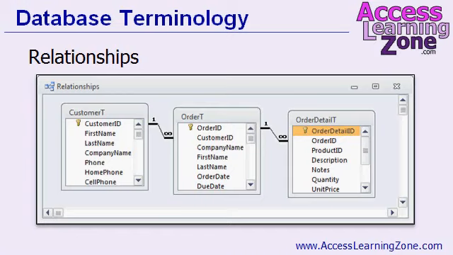For example, if you're keeping track of customers and their orders, you can store all of your customer details in one place and all of their order information in another place. Access can then relate the two together, so you don't need lots of redundant information in your database, such as having to copy all of your customer details onto each order. The database can keep track of that for you automatically.